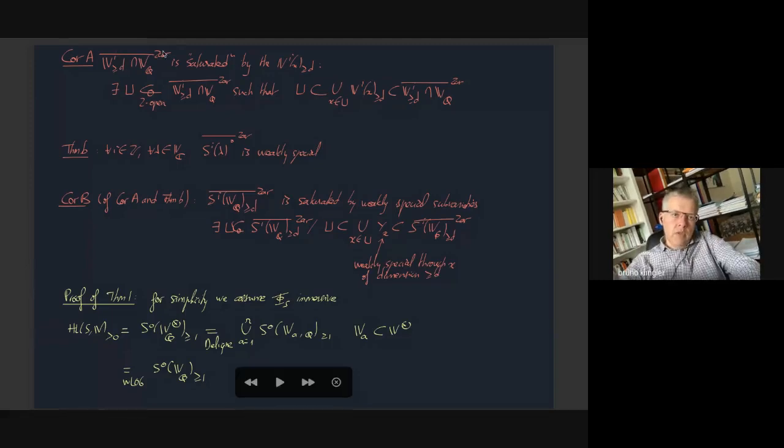Well, the claim is that when you take the Zariski closure, then in some sense, this set stays saturated by the Vi of X for points X, which are not anymore in VQ, but in VC. More precisely, there is a Zariski open subset in this Zariski closure, such that it is contained in the union of all the leaves Vi of X of dimension at least d, and still contains this Zariski closure.